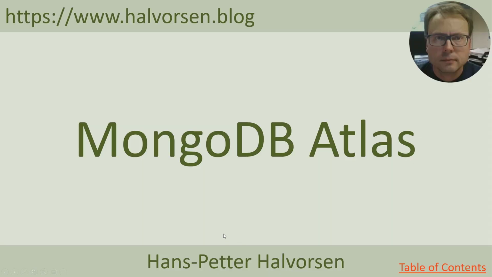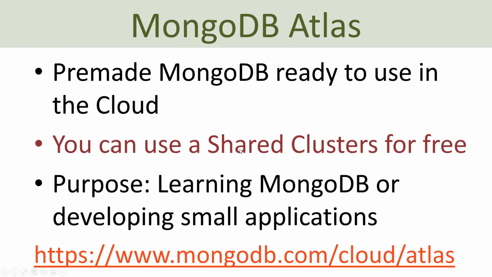So then let's start with the MongoDB Atlas. So MongoDB Atlas, what is it? It's basically a cloud version of the ordinary MongoDB database. So it's a pre-made MongoDB installed and ready to use in the cloud. You can use it for free in a limited edition.